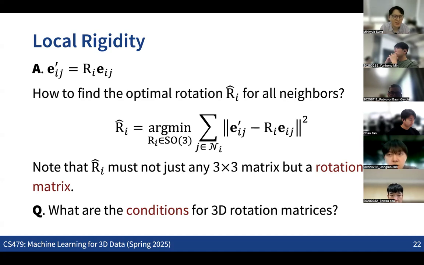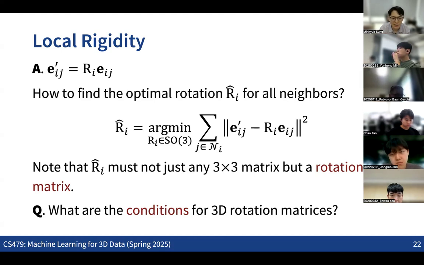We didn't discuss the details about transformation matrices in this course, but if we briefly go over them, there are two conditions for rotation matrices. The first condition is that the matrix should be orthonormal: all the columns and rows should be orthogonal to each other, and the norm should also be one for each row and column. The second condition is that the determinant of the matrix should be +1.